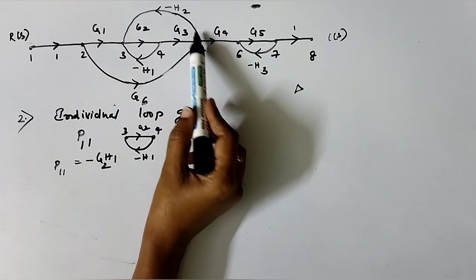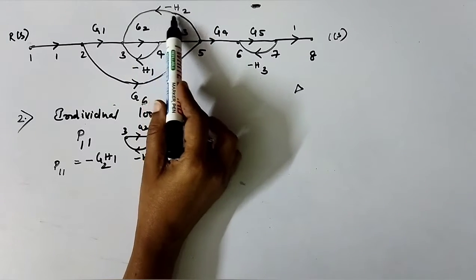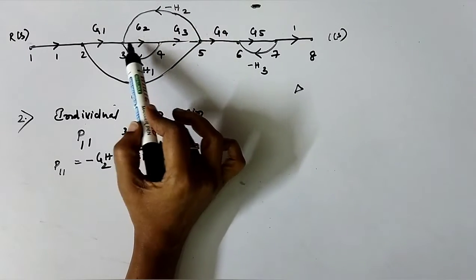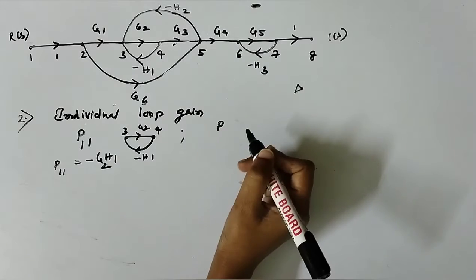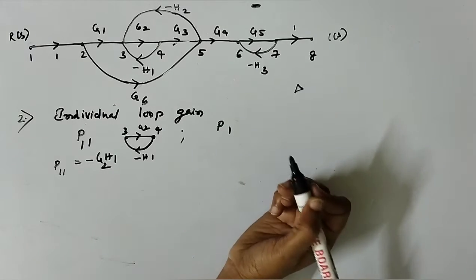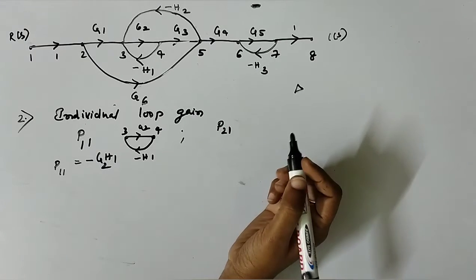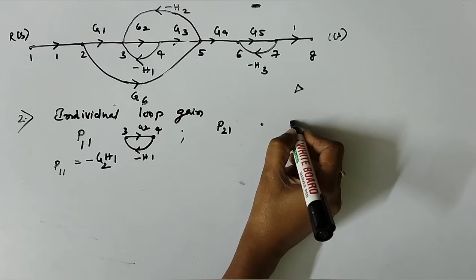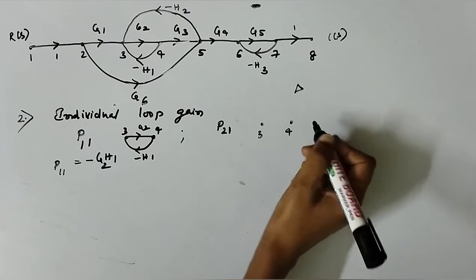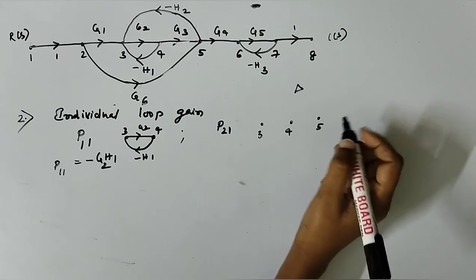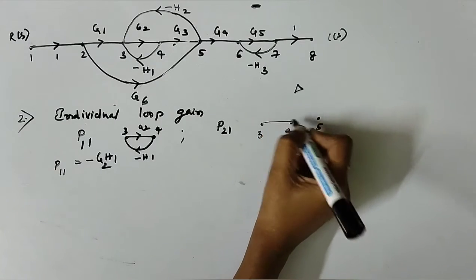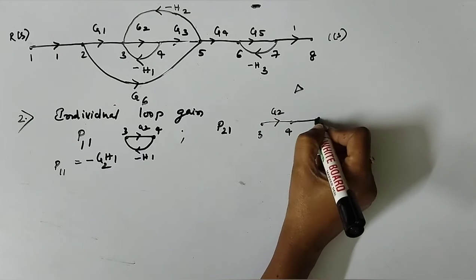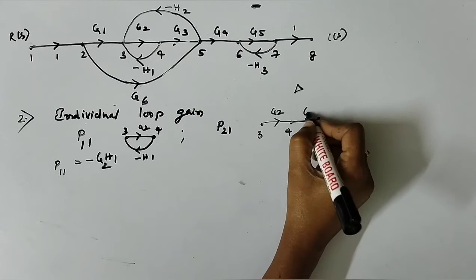Now we'll go for one more combination from 3 to 4 crossing only once, 4 to 5 crossing only once, again in the same direction ending up at 3. So this would be one loop, individual loop, the second combination. Let's draw the graph from 3, 4 and 5. 3 to 4 is G2, 4 to 5 is G3.